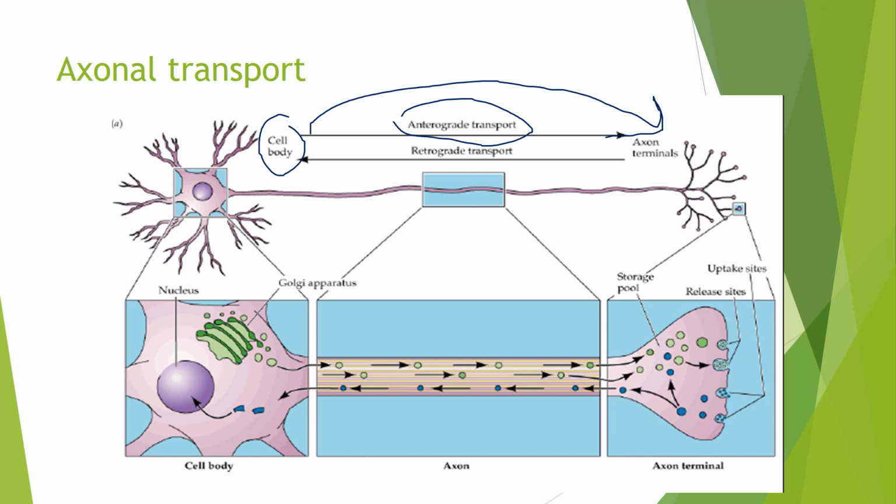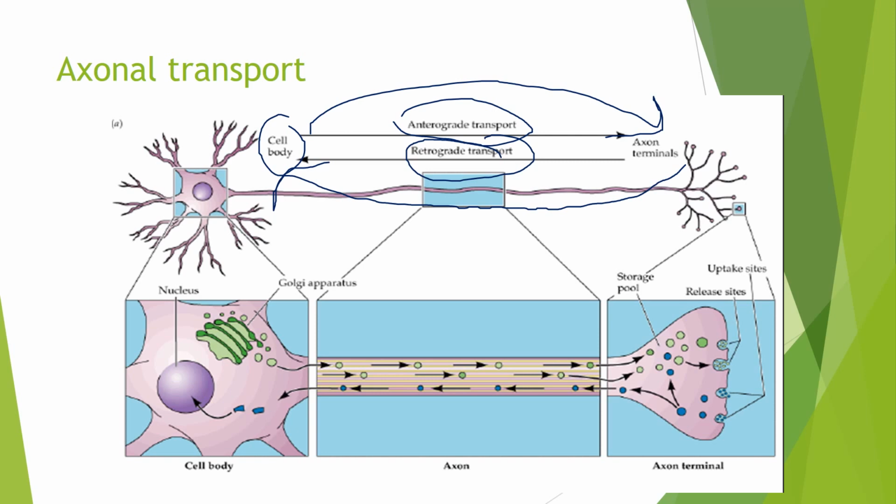And the second type that we have is retrograde transport, where we go from the axon terminals back toward the cell body. And so we have different types of proteins also that are responsible for this movement. And so this is how we have transmission of different materials as well.